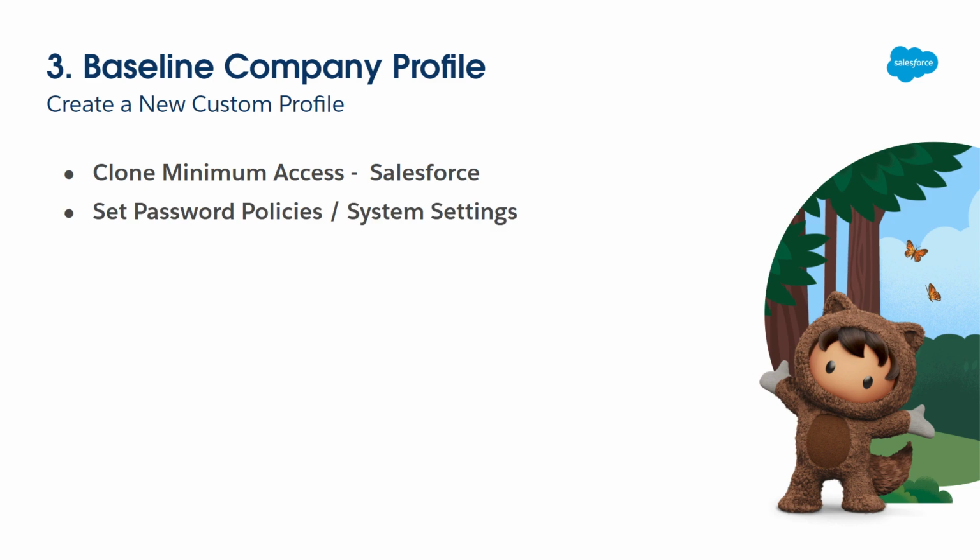You would set the password policies and the system settings. So they would normally be fairly generic across your company anyway. If you needed them, you would set your IP ranges and your login hours. So these are the 4 things that stay on profile.